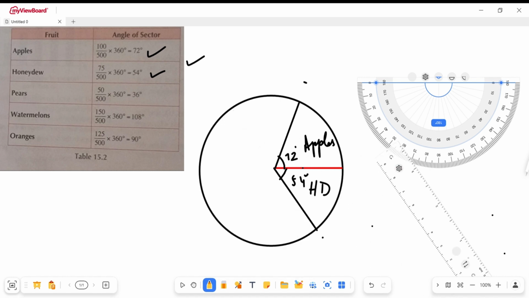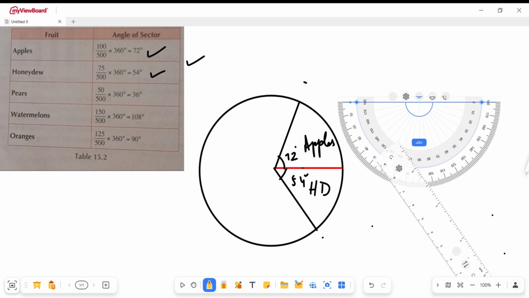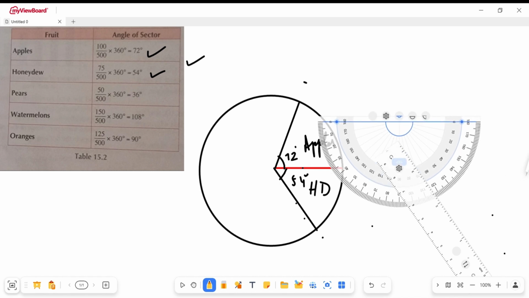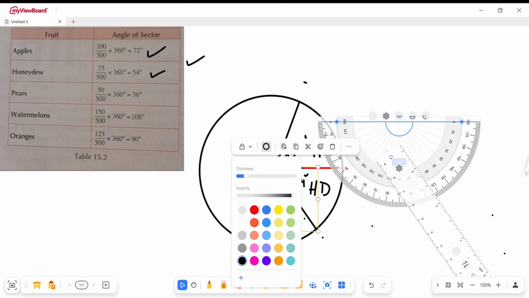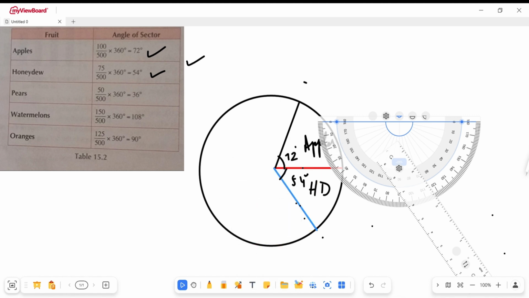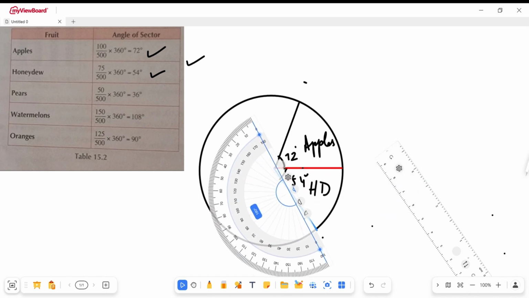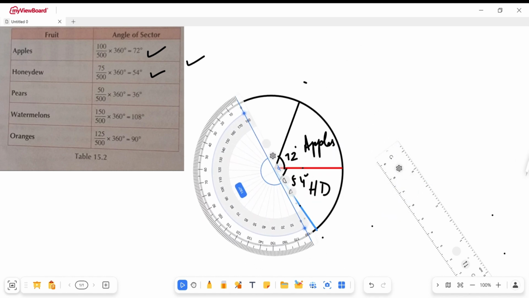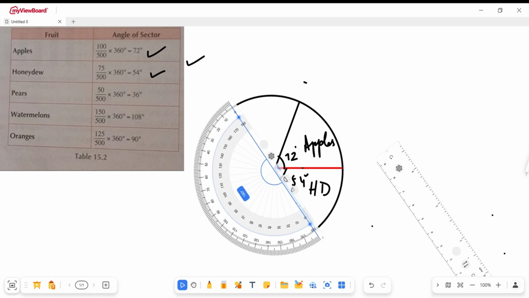Now we need to draw 36 degree. Again take a protractor, and I'm coloring this line blue. Place the protractor at the center of the circle, and the 0 degree is on this blue line. You need to align the 0 degree line with that blue line. Now it says 36 degree. So 36 degree is 0, 10, 20, 30, and 36 comes somewhere here.